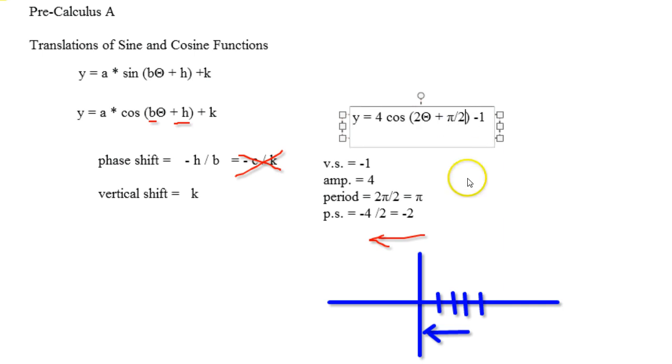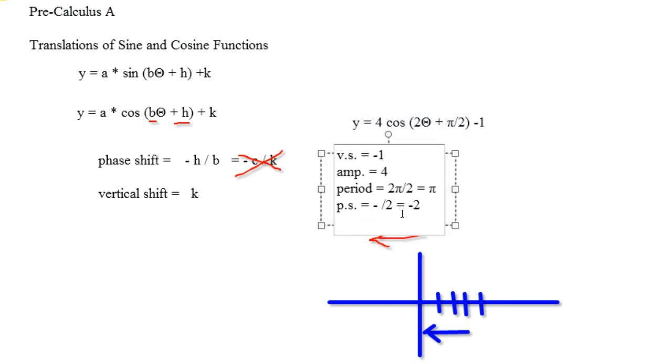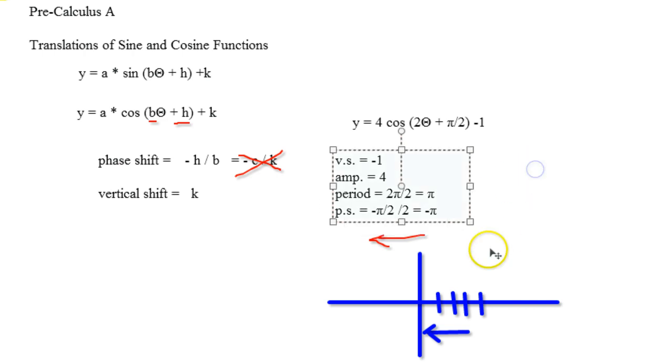There we go. Normally this number is in terms of radians. So this would change into negative pi halves divided by 2, which would turn into negative pi units to the left. That looks a lot better.